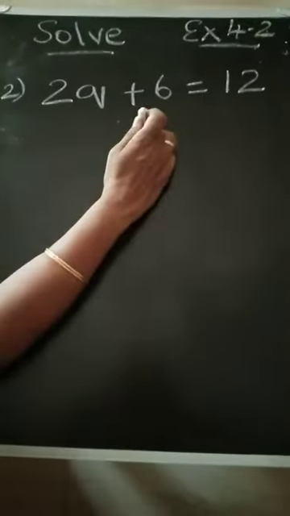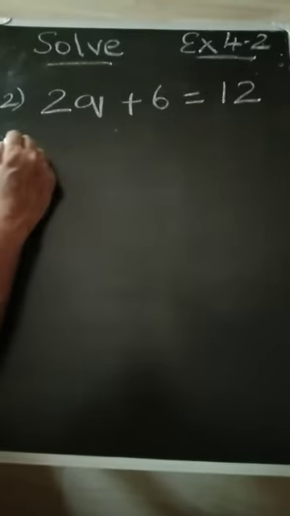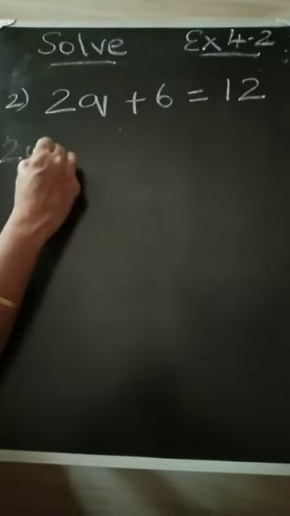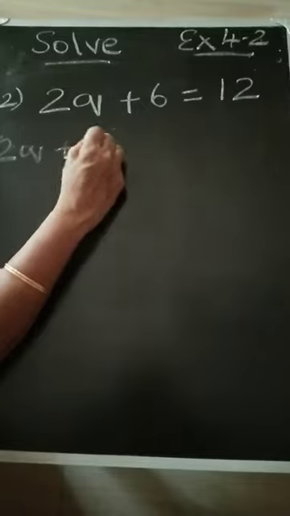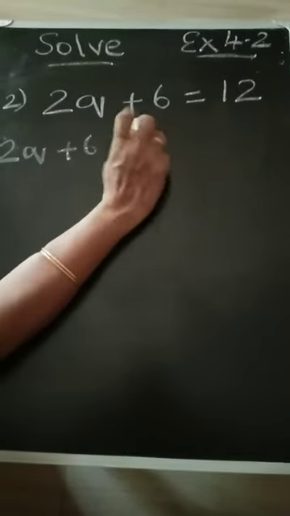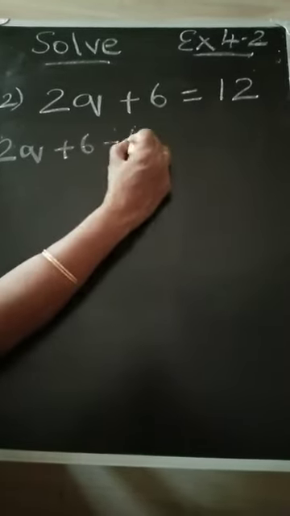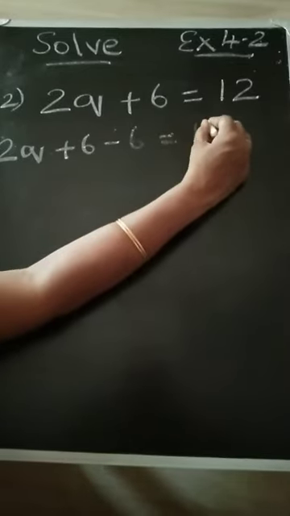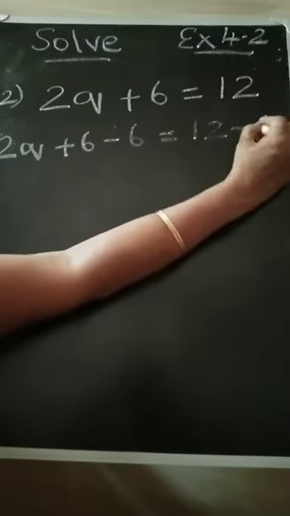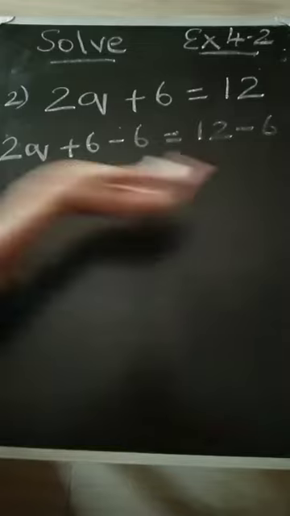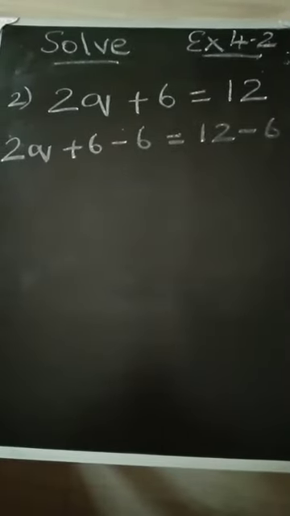Now here you have plus 6. So what I will do, 2q plus 6, when I have plus I have to subtract. So minus 6 is equal to 12 minus 6. Subtract 6 on both the sides.